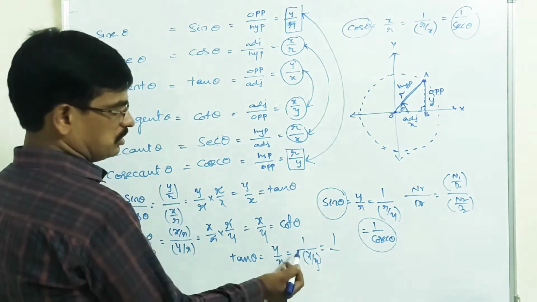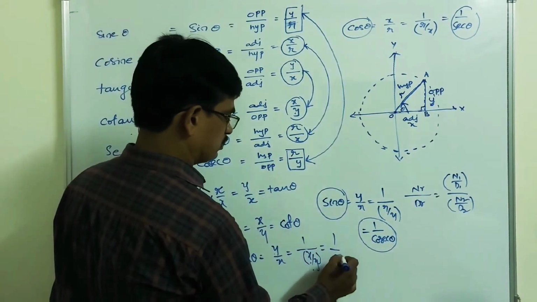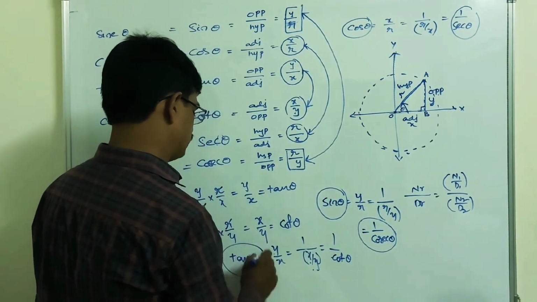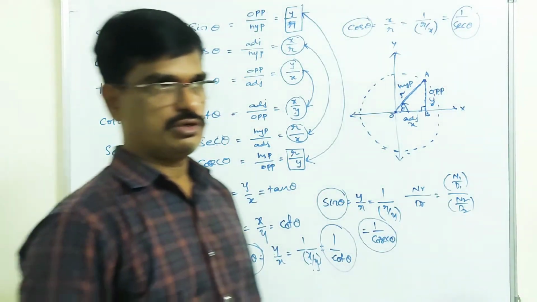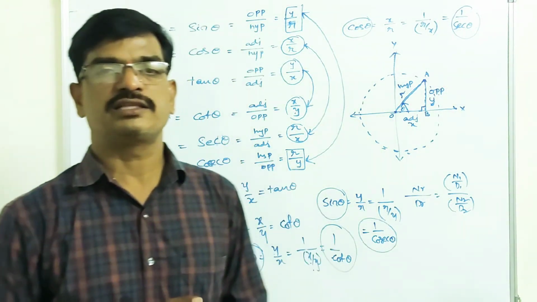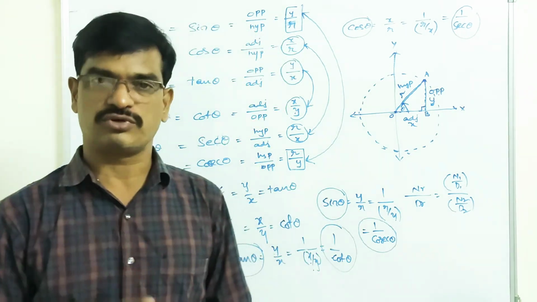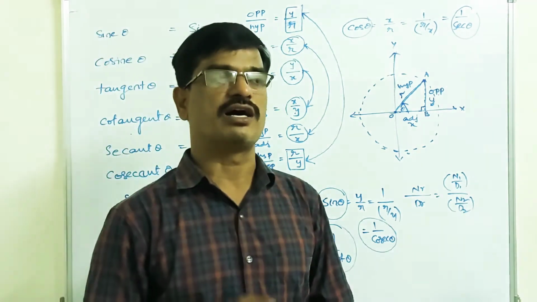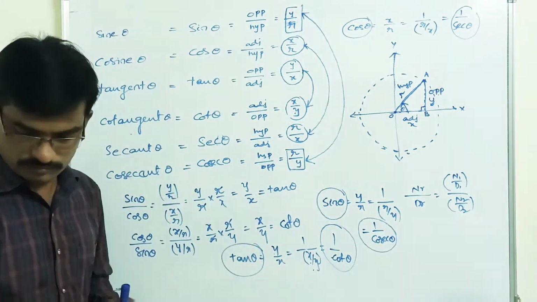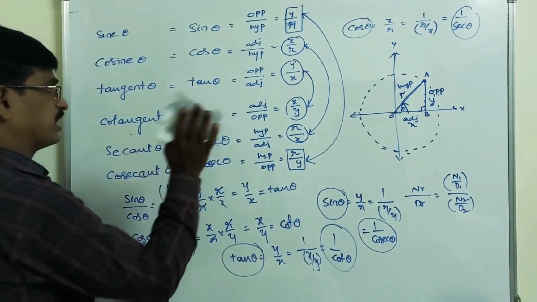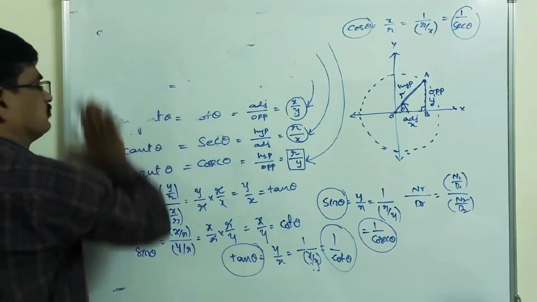But x by y is cot theta. That is, tan theta is equal to 1 by cot theta. So, sin theta and cosecant theta are reciprocal to each other. Cos theta and secant theta are reciprocal to each other. Tan theta and cot theta are reciprocal to each other. That is, their product is 1.